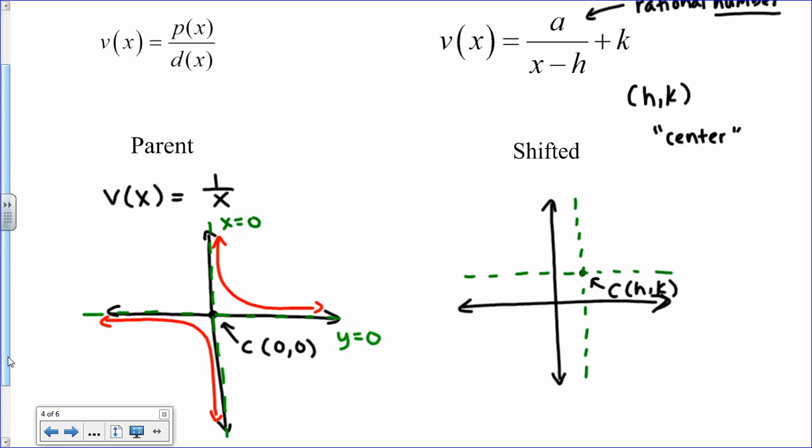So I'm just going to call that h and k. So therefore, my vertical asymptote is x equals h. So if you look back at your equation, here's x minus h. x equals h is your vertical asymptote. Your horizontal asymptote is y equals k. So this number here.